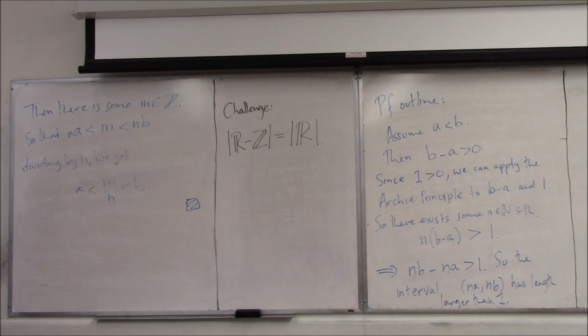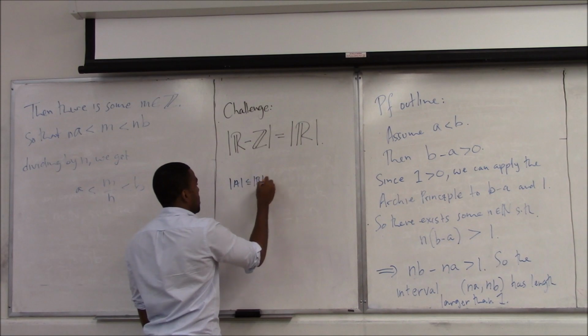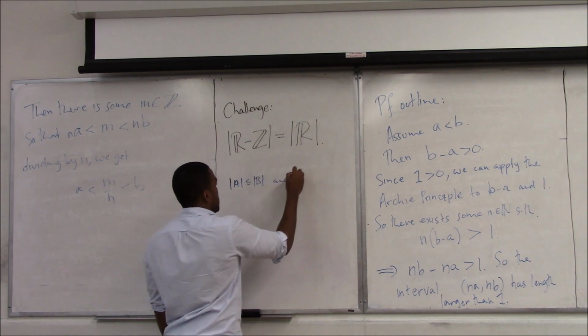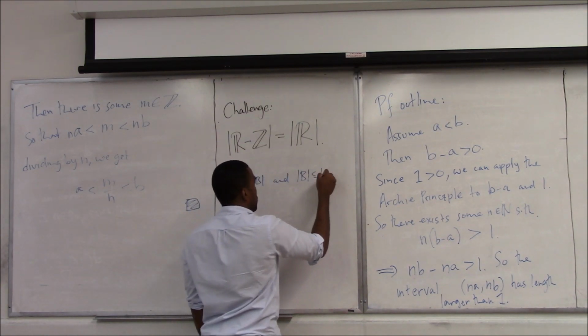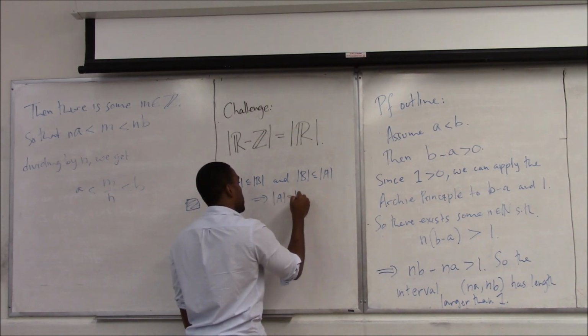What's another way we know how to prove the cardinalities are the same? Schroeder-Bernstein. Right? So Schroeder-Bernstein says if this one is less than or equal to that one, and this one is less than or equal to that one, then they must actually be the same. So you can do that.